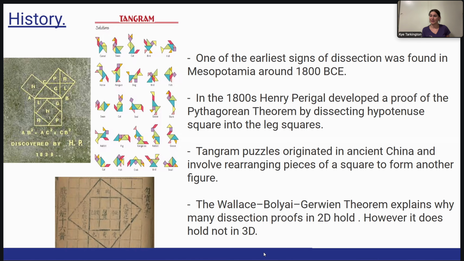Dissection also appears in tangram puzzles, which you may remember from grade school, and it involves rearranging pieces of a square. All of this connects to the Wallace-Bolyai-Gerwien theorem, which is based in 2D. However, as we will see later, it does not hold in 3D.